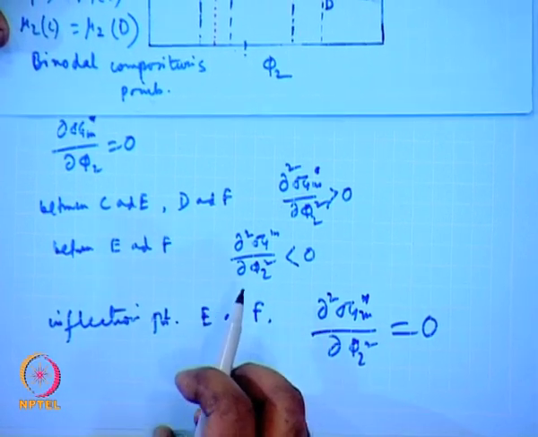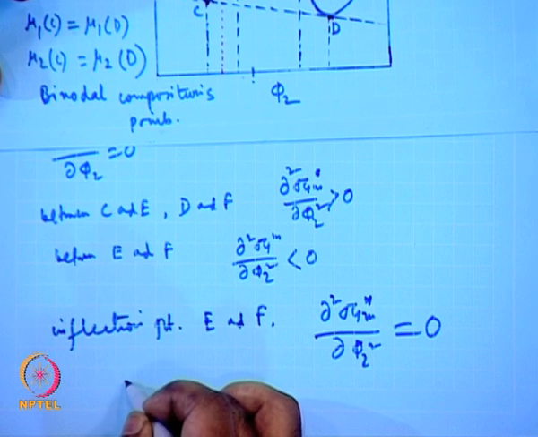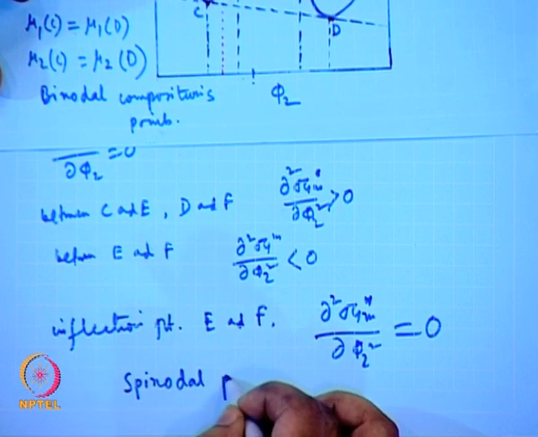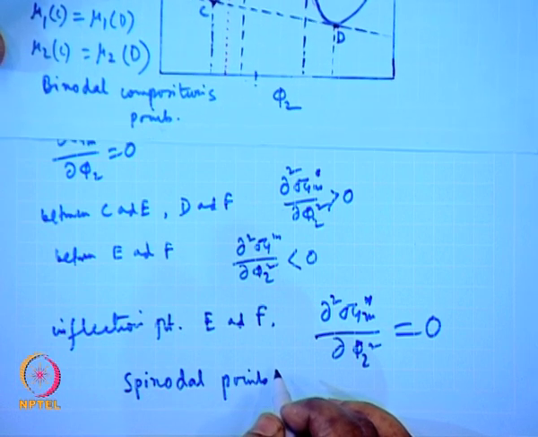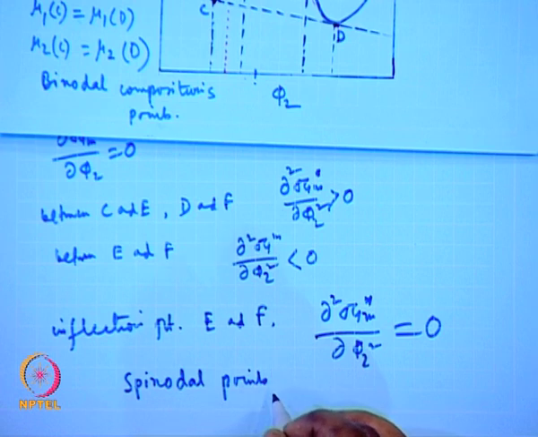These 2 points, which are inflection points, are called spinodal points, or spinodal compositions.